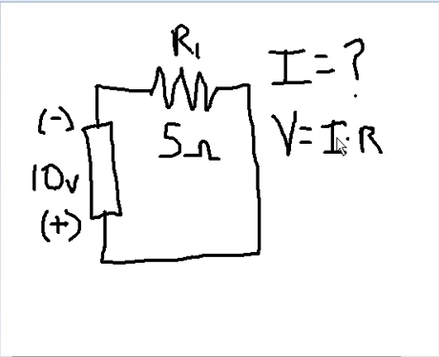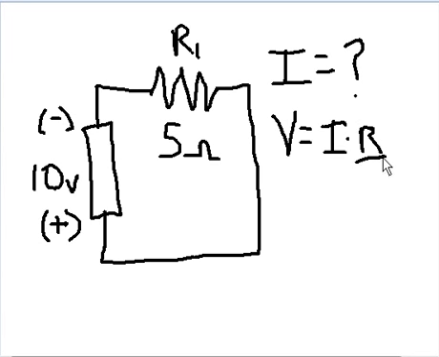We know the resistance, and we know the voltage, but we don't know the current. So what do I do? I isolate I on this side and figure out its value. How do I do that?